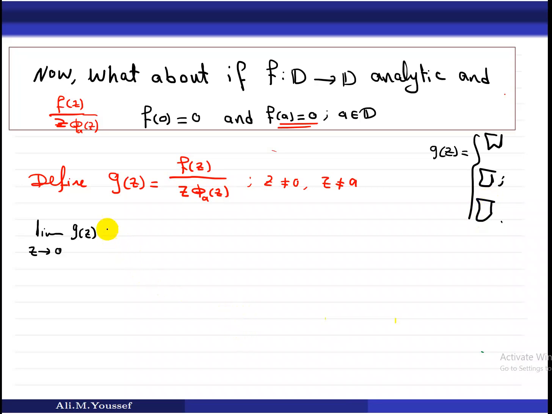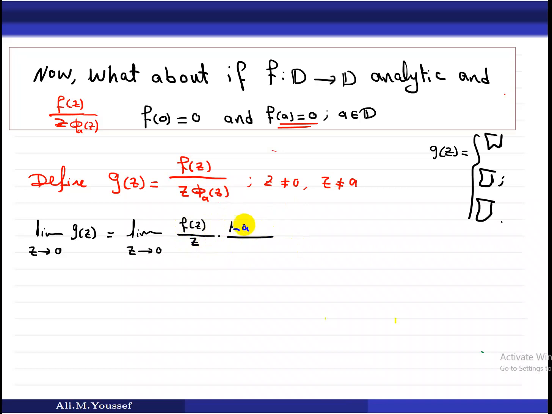So let's see. This is equal to the limit when z goes to 0 of f of z over z, divided by phi a of z. This means that we can write the numerator and denominator here.